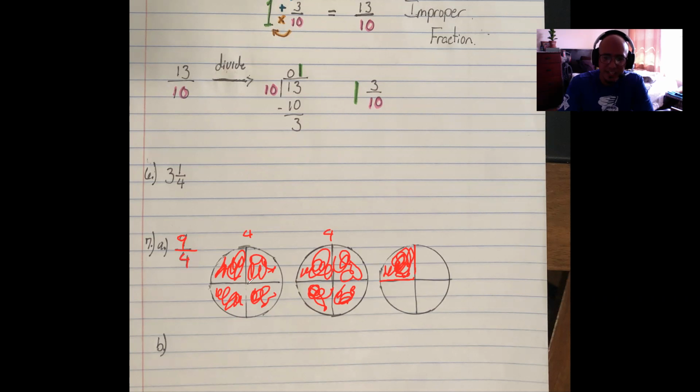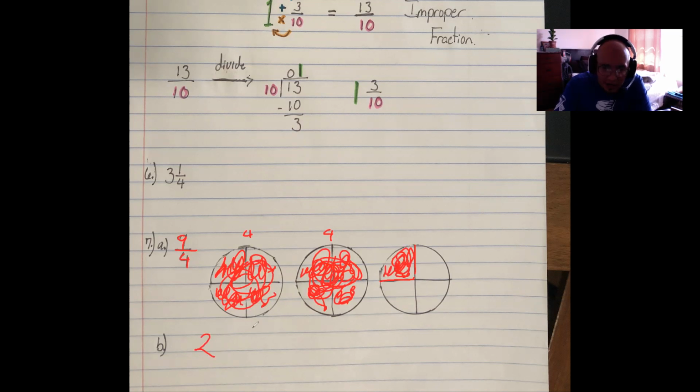Let's change this, for 7b, let's change 9/4 into a mixed number. But not mathematically. Let's just ask ourselves, how many wholes are shaded in? Well, we have this whole right here, so that's 1 whole. And here's another whole pizza, so that's 2 whole pizzas.